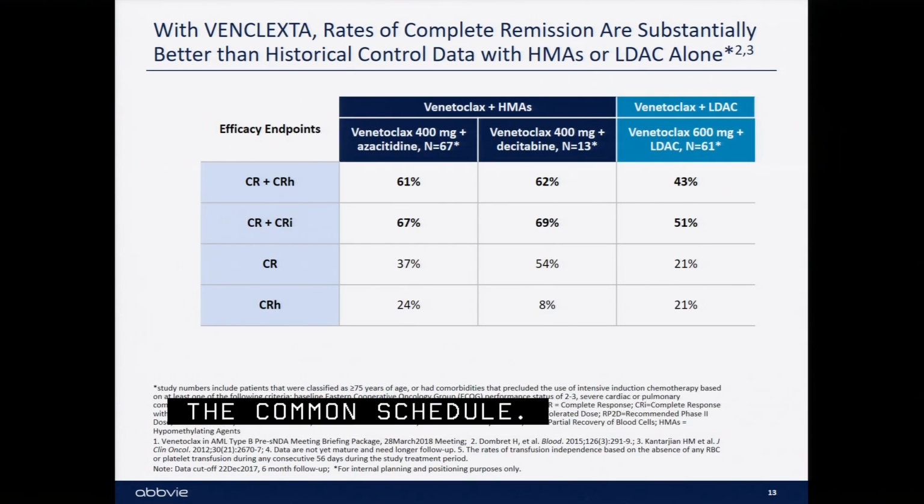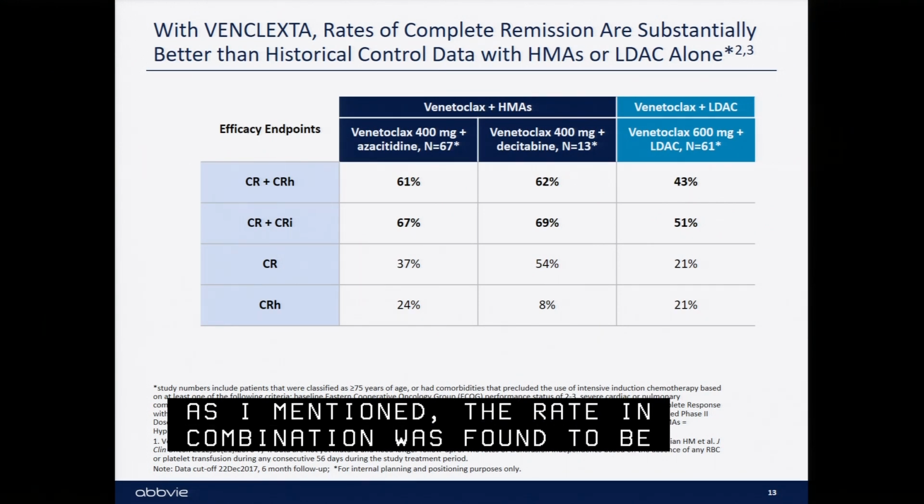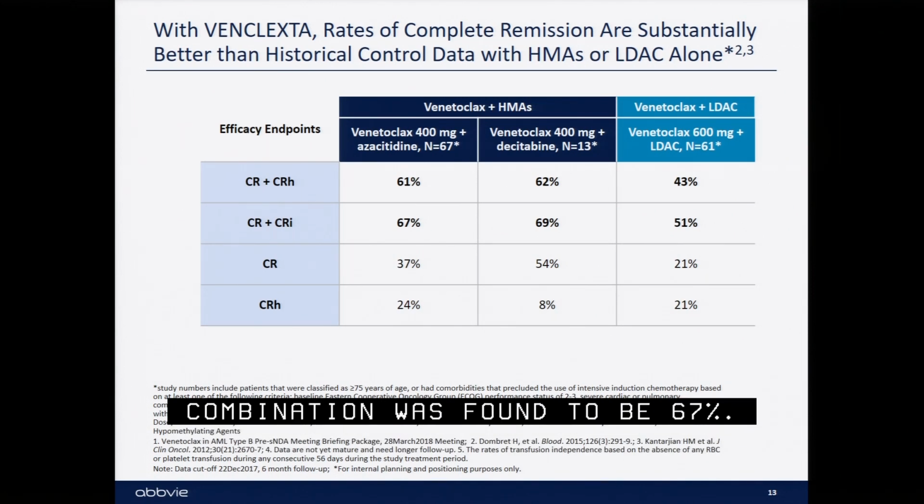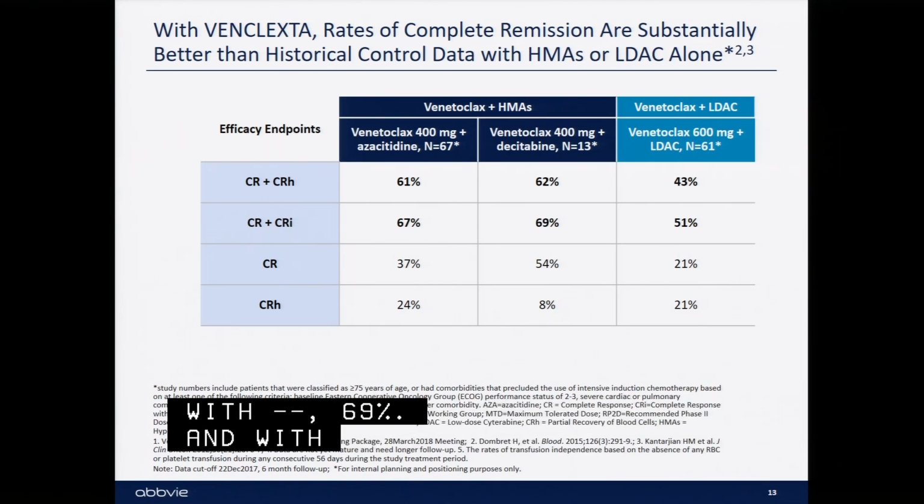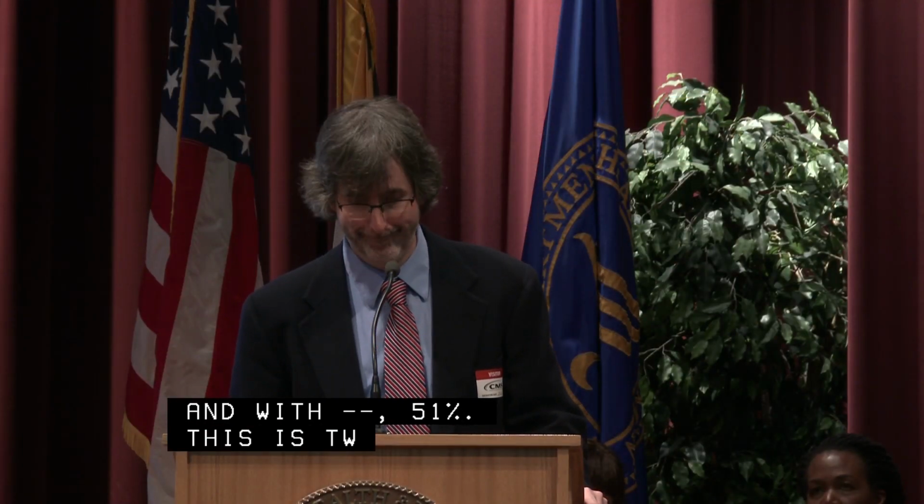As I mentioned, the CR and CRi rate in combination with azacitidine was found to be 67%, with venetoclax and decitabine 69%, and with venetoclax and low-dose cytarabine 51%. This is 2 to 4 times higher than seen with those backbones alone in historical studies.